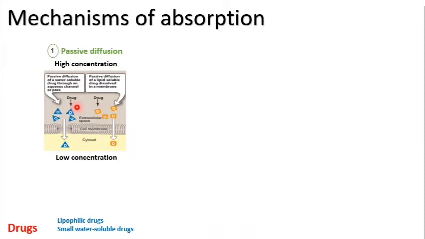Through these pores, hydrophilic drugs may pass, but they have to be small in size. So by this mechanism, two types of drug can pass: the lipid-soluble drugs dissolved in the membrane and the small water-soluble molecules.